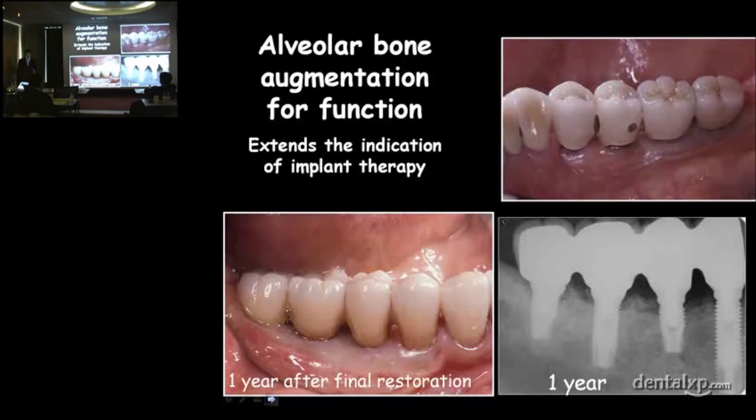In the posterior region, we think the goal for bone augmentation is simply acquiring enough bone for implant support and to get cleansability. Of course, adequate keratinized tissue around the implant is also necessary.